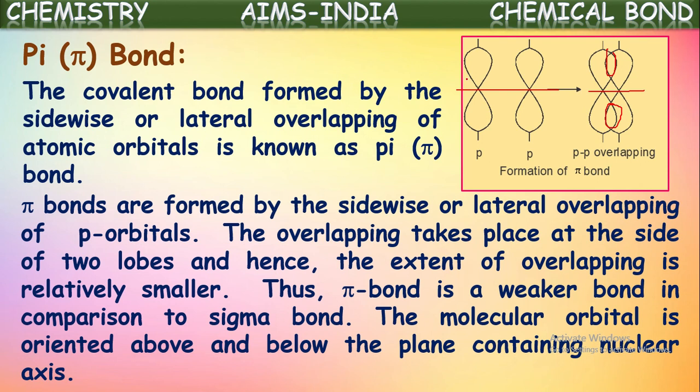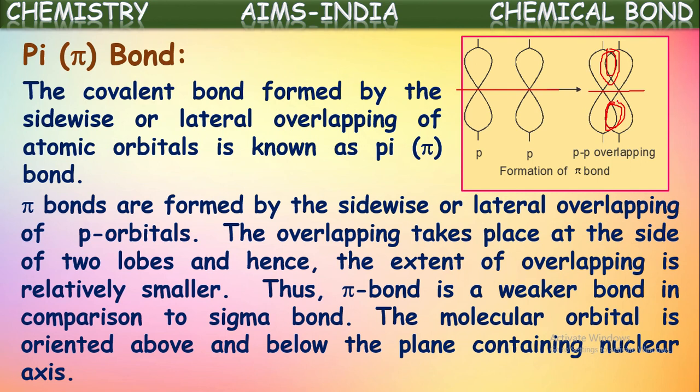But in pi bond formation, overlapping is just sideways. That's why the extent of overlap is not as much as in sigma bond formation. That's why a pi bond is said to be a weaker bond than a sigma bond.